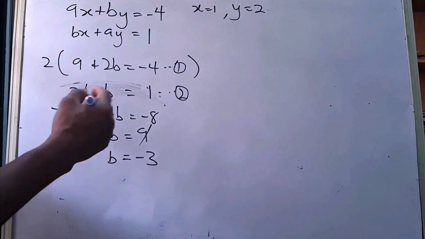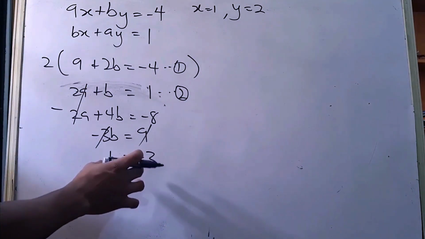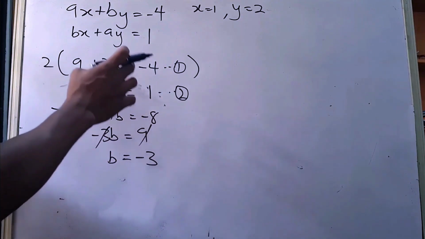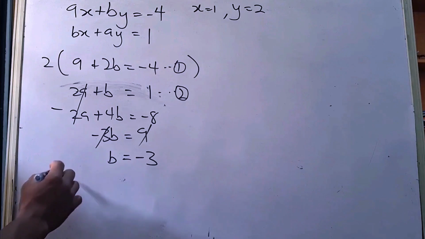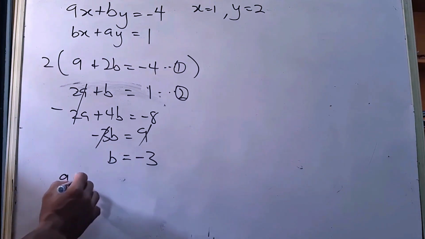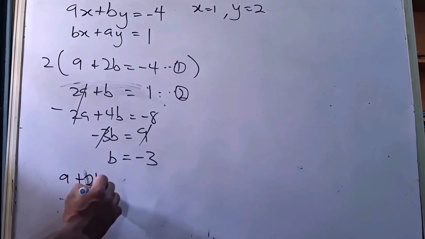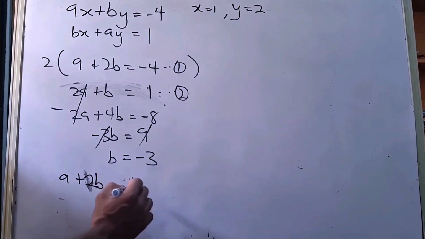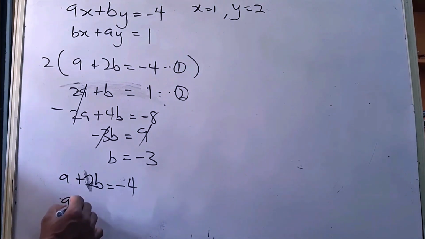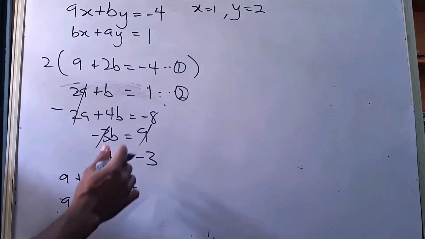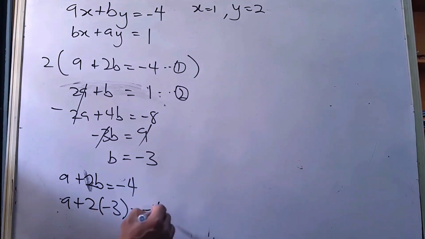If b is equal to -3, I'll substitute this back into equation 1. So equation 1 says that a plus 2b is equal to -4. I'll substitute, I have a plus 2 into -3 is equal to -4.